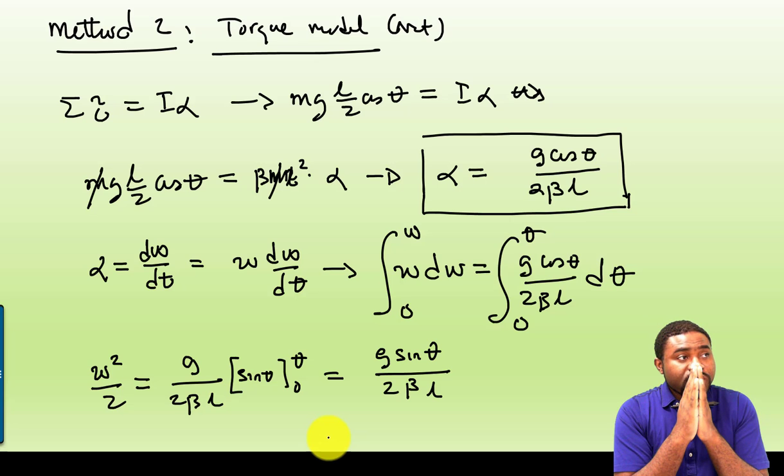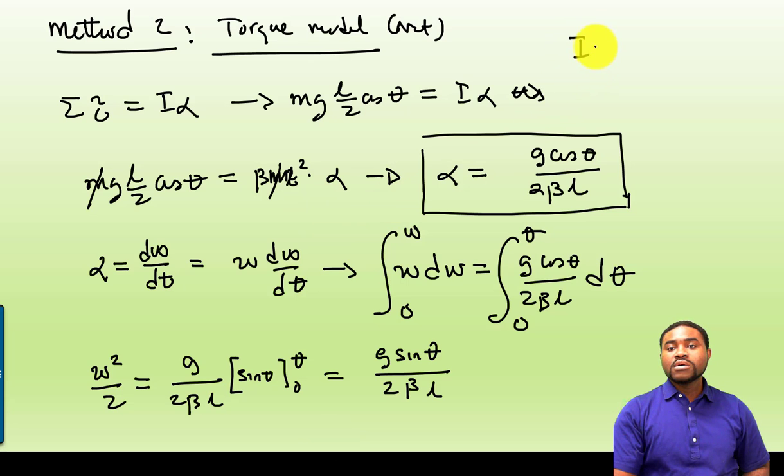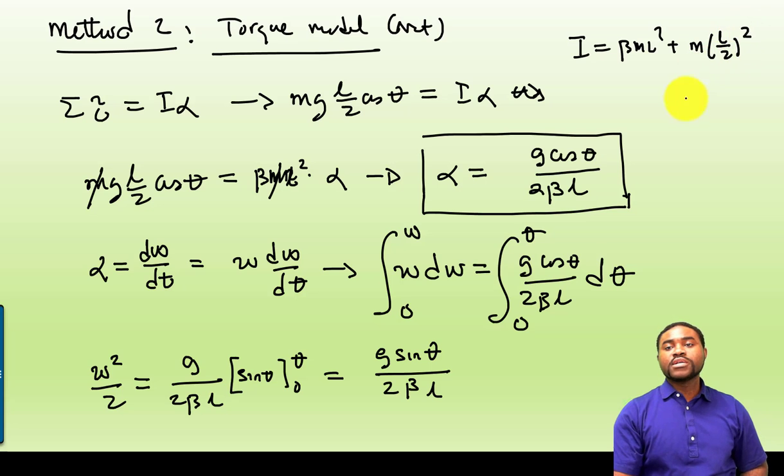We need to use the parallel axis theorem to determine the moment of inertia. Remember, I equal to beta m L squared is the moment of inertia about the center of mass. But our pivot is about the end. So I will be beta m L squared plus m times the distance squared.